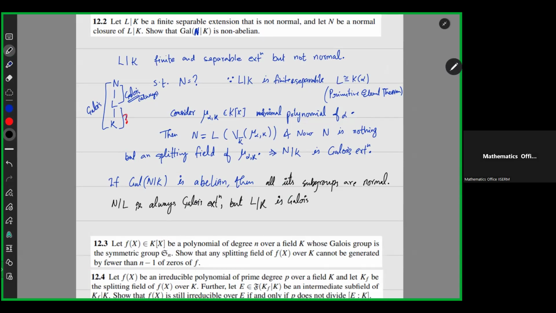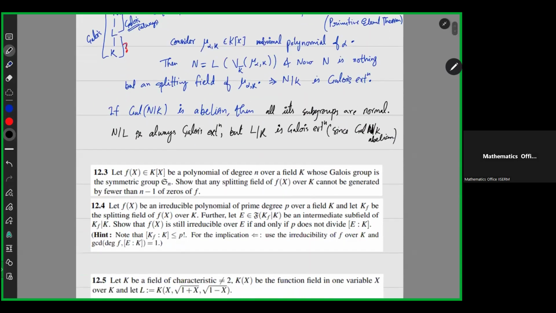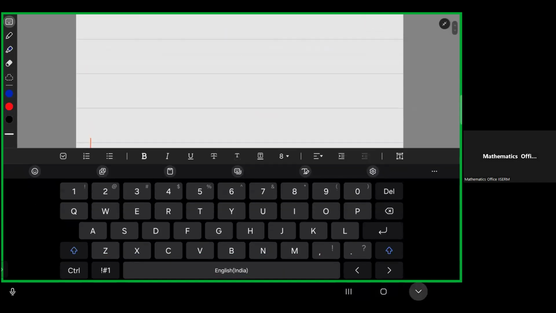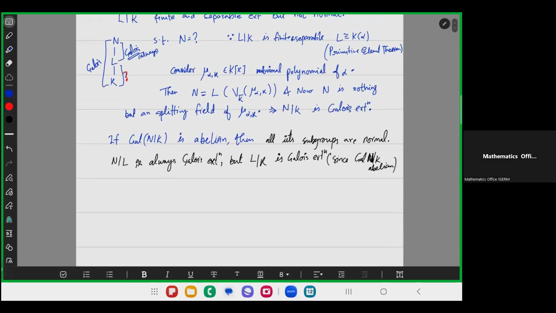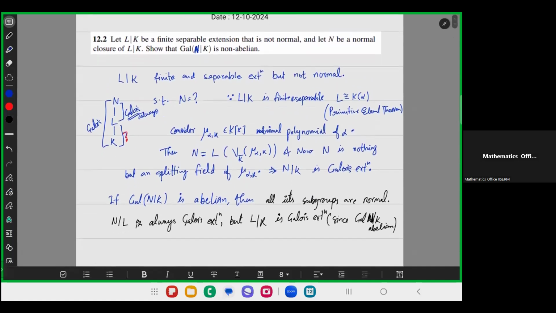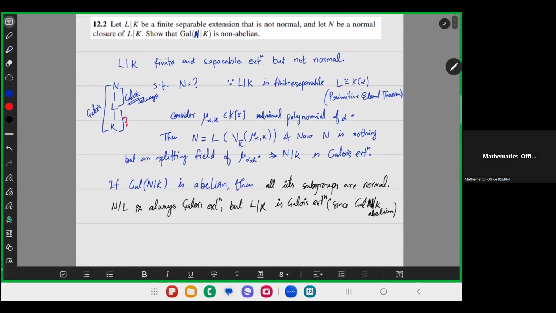In this case, since the Galois group of N over K is abelian, L over K is a Galois extension.